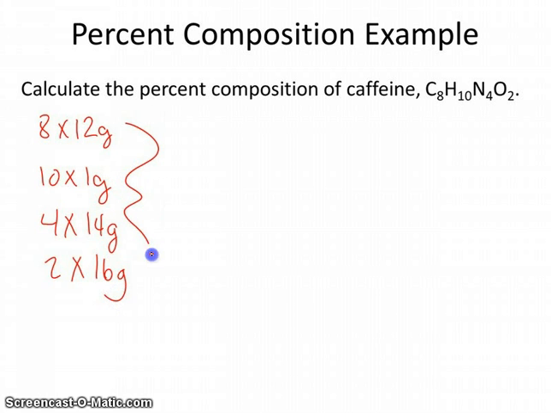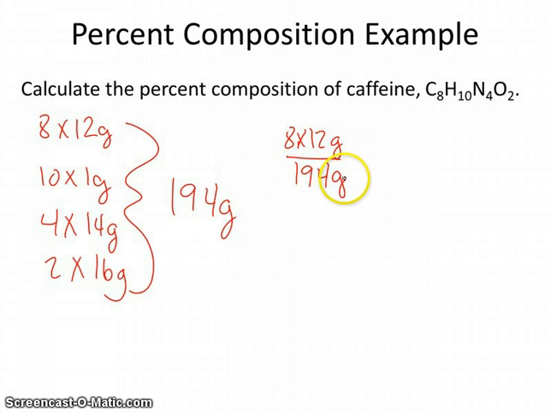All that together makes up caffeine, and that happens to be 194 grams. To find the percentage of each of these, we're just going to divide. I know that 8 times 12 of those grams come from carbon, and that much of it out of the 194 times 100 is going to tell me what percent carbon.